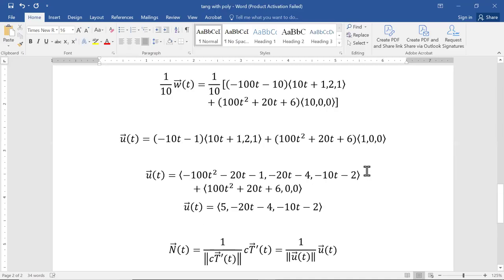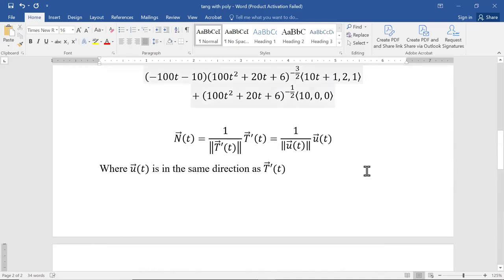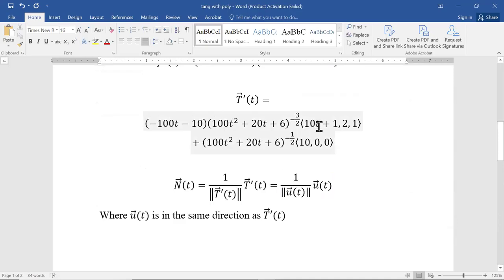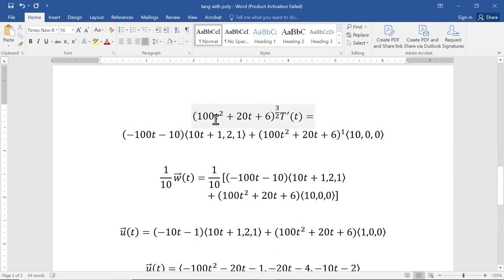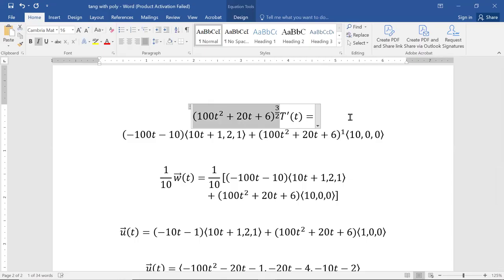Remember, the way to simplify it is after I take my derivative, multiply by some constants that simplify this vector. I had to multiply by the constant 100t squared plus 20t plus 6 to the 3 halves. That's a constant. I'm not saying it's a real number. I'm saying it's not a vector. I'm multiplying by that expression.